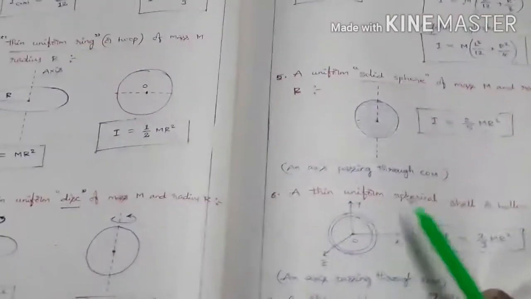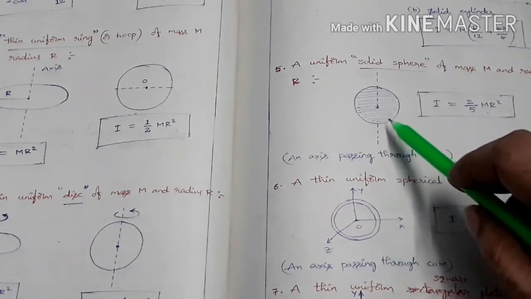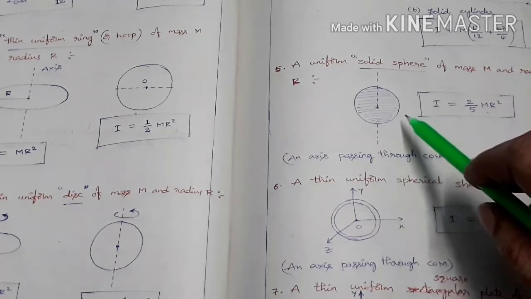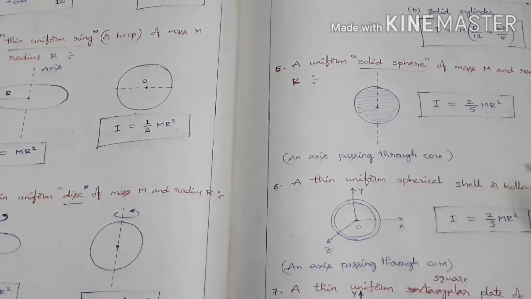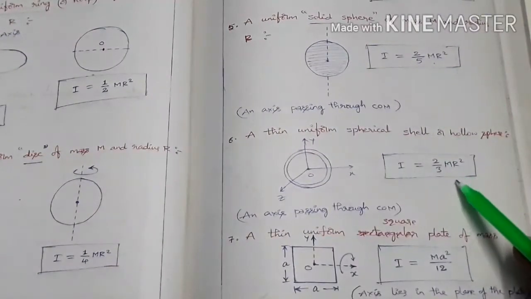So which is greater here? Spherical shell. It is difficult to rotate a spherical shell than a solid sphere whose masses are the same. So 2 by 5 MR square and 2 by 3 MR square here.